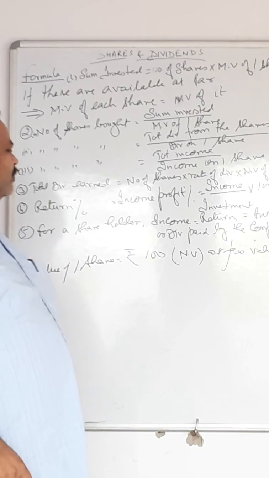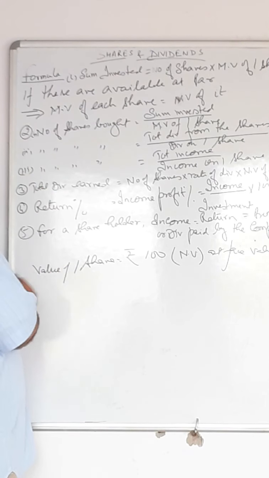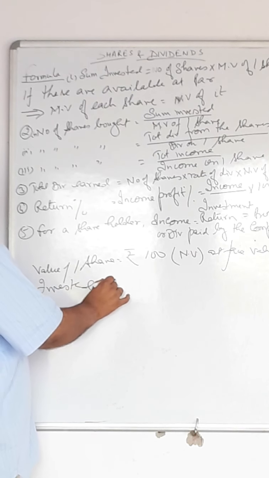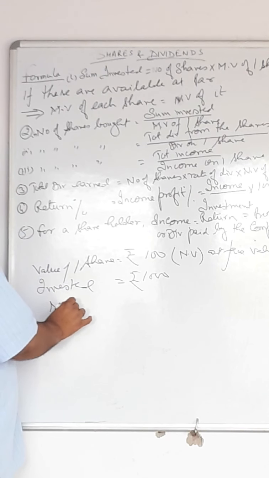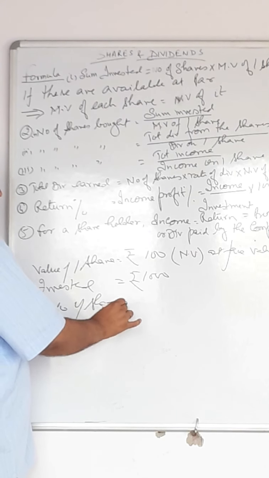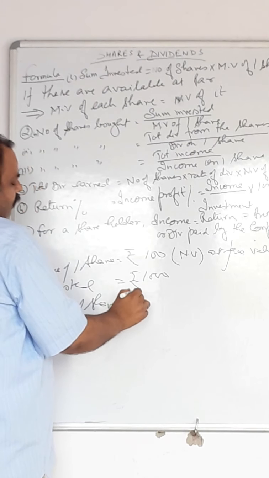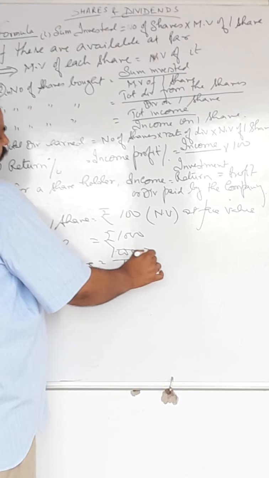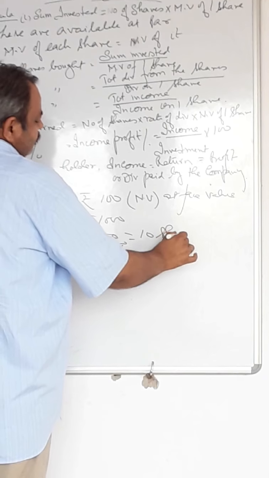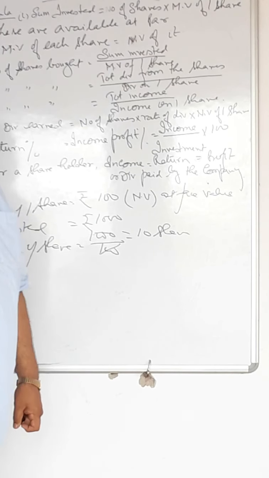Directly I have been allotted shares from the company. I have invested 1000 rupees. Number of shares: 1000 over nominal value, I will get 10 shares. So 10 shares have been allotted by the company.